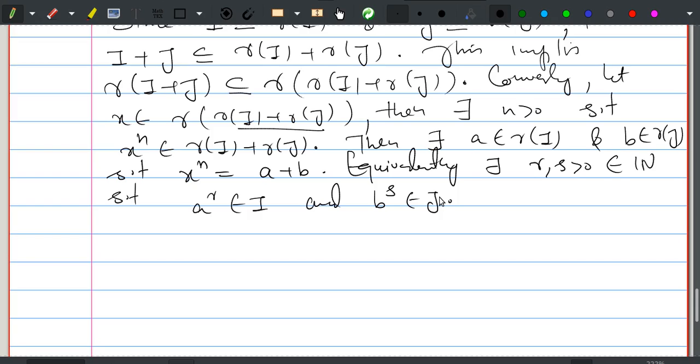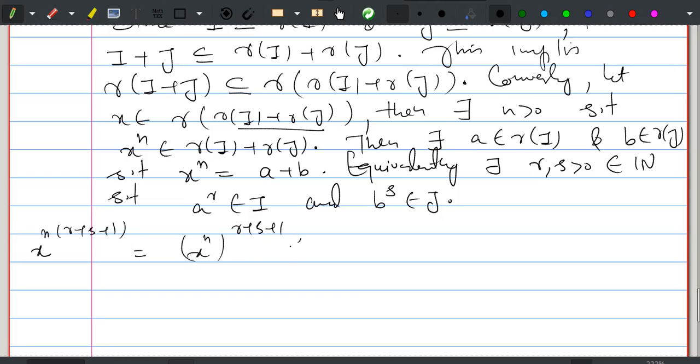So now if we investigate this term, x to the power n times r plus s plus 1, which is actually equal to x to the power n times r plus s plus 1.